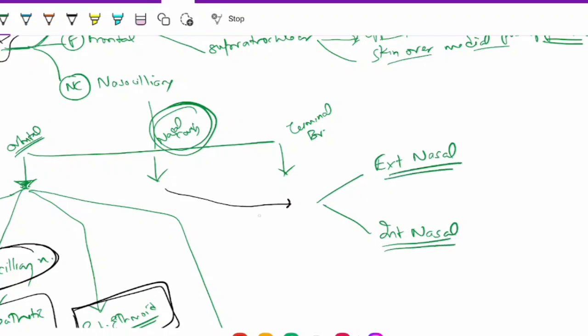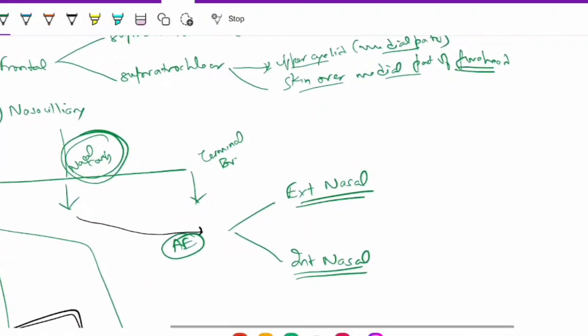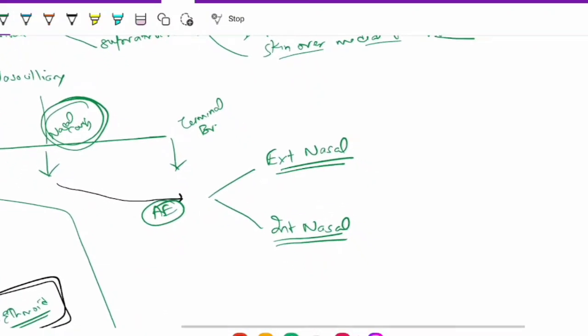These are branches of your anterior ethmoid continuation. Now, internal nasal is again divided into two parts. One is septal, another is lateral. These are branches at the nasal cavity level.